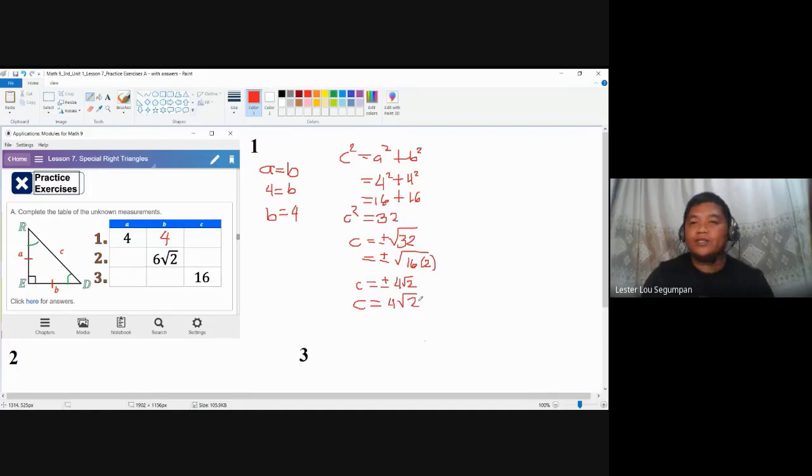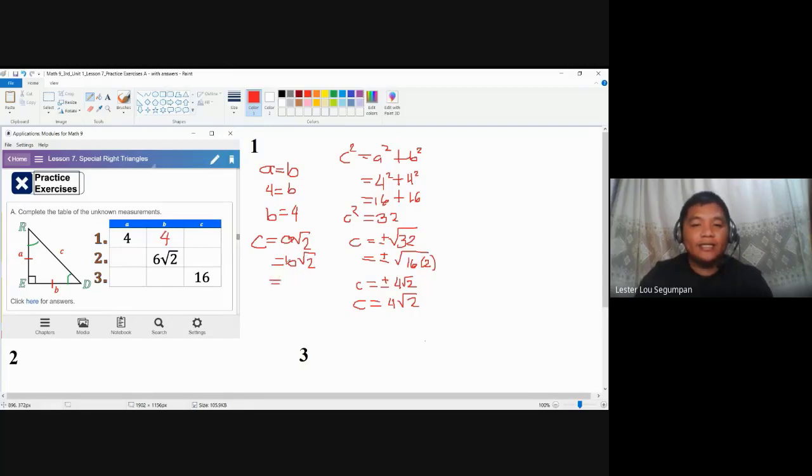You could always use the Pythagorean theorem to solve for that. But since we already have the 45-45-90 theorem, we could automatically say that the measurement of side C is equal to A square root of 2 or B square root of 2. Either way, A and B are just the same.